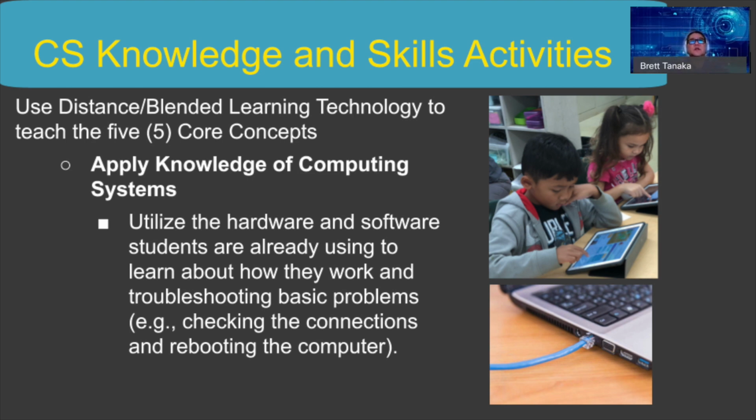For distance blended learning classrooms, there are opportunities for students to learn about computer science concepts such as computing systems using resources that are already being utilized. For example, students can use the existing hardware and software resources to learn how to use them, as well as basic troubleshooting steps when they stop working properly.